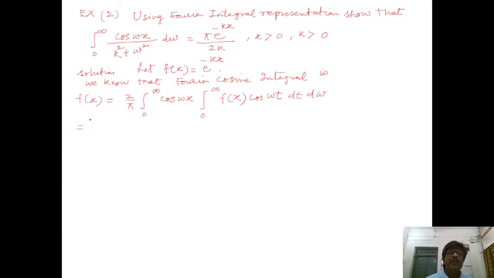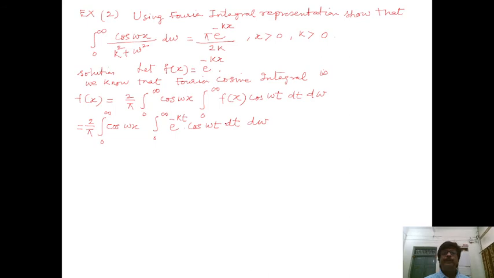That is further equal to 2 upon pi integral 0 to infinity cos of omega x into integral 0 to infinity e to the power minus kt into cos of omega t dt d omega.